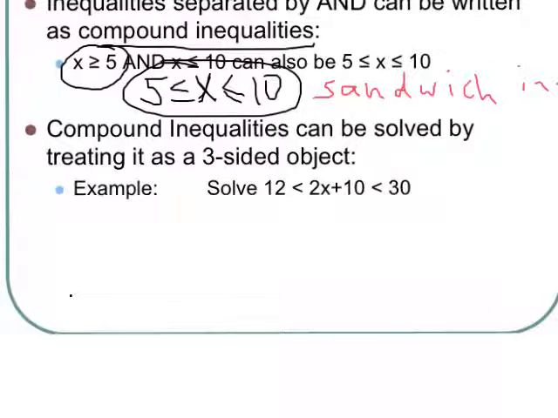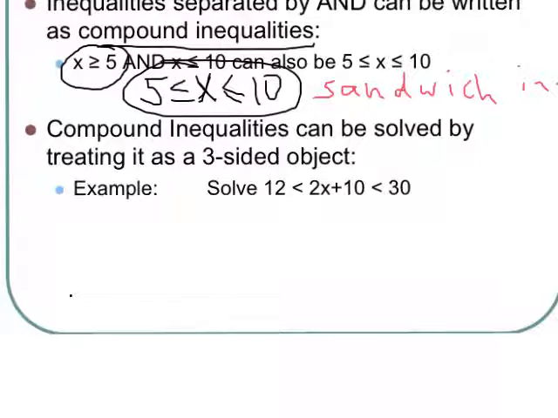If you wanted to do moves on this to try to get x alone, like dividing by 2 or subtracting 10, you can do that, and you do it to all 3 chunks. I like to say that you might add 10 to the left side, to the inside, and to the right side. So what should we do to try to get x alone in the middle there?